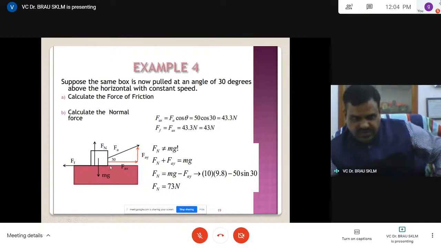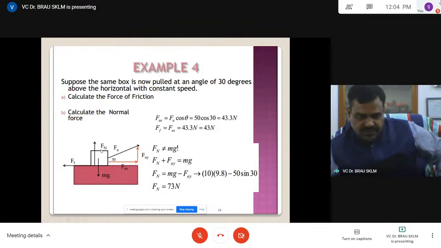As far as the horizontal forces are concerned, there are two forces, that's why FAX is equal to FF. This is the equation. FAX is FA cos theta. This is the value. Therefore FF is equal to FAX, 43 Newton, approximated 43.3 becomes 40.